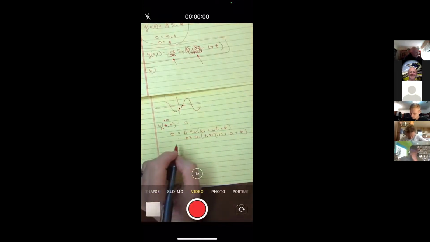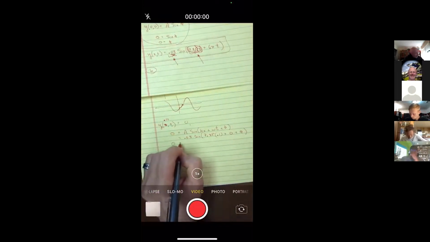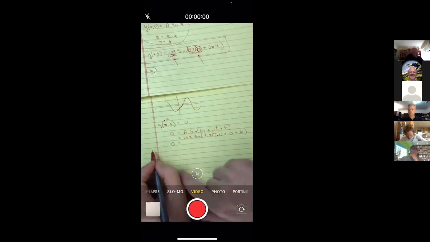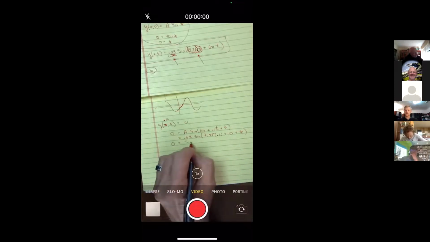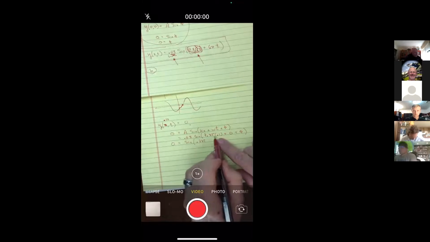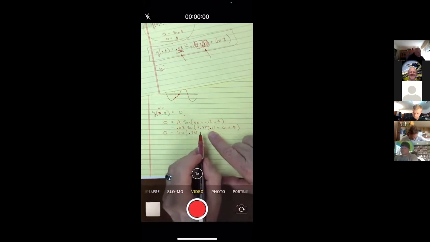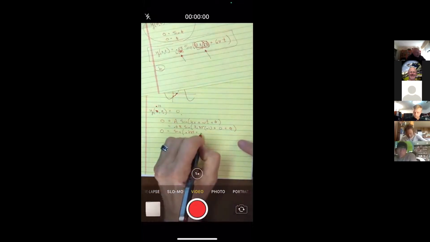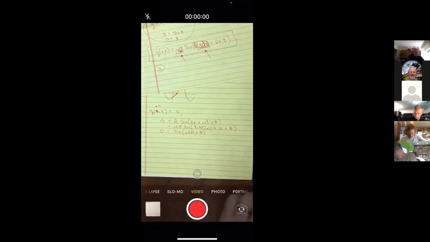And so if I simplify this by bringing over the 0.08, that's still a 0. And I have the sine of, and this would be 0.785 when I multiply the 2, and then plus a phase.